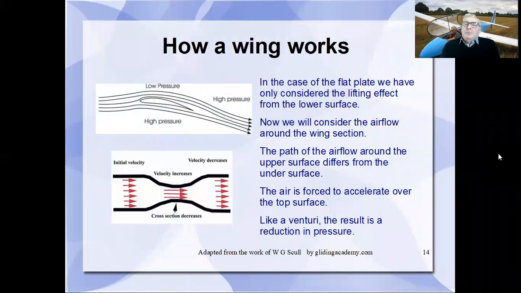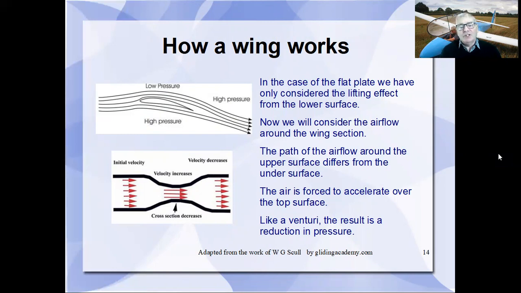So if we now try to understand a little bit about how the wing itself works, for that purpose, I've given you two diagrams here. One is an aerofoil with some streamlines of air moving around it, and underneath we have a venturi. In the case of the flat plate we were looking at, we were simply considering the effect on the lower surface.